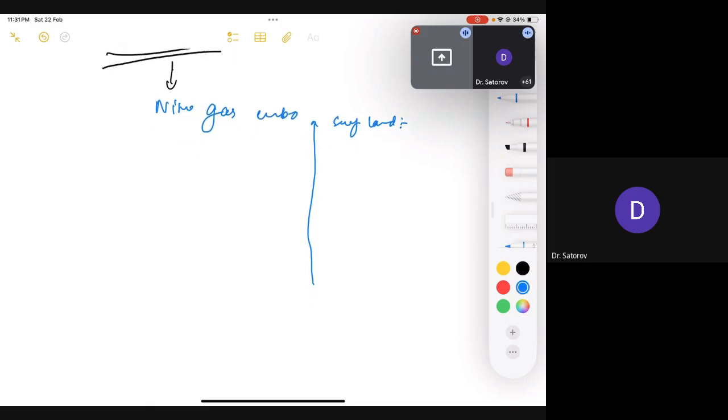Okay, so the idea is very simple. For example, if you have an individual, right, he's diving deep. As he's going deep, the pressure surrounding him is going to be increased, right? Normally we know that nitrogen is present maximum in our air. That is 78% of the air is nitrogen, the air which we are basically inhaling.